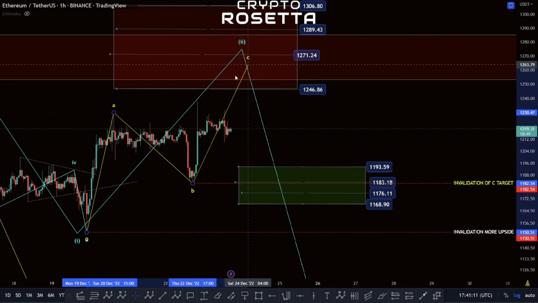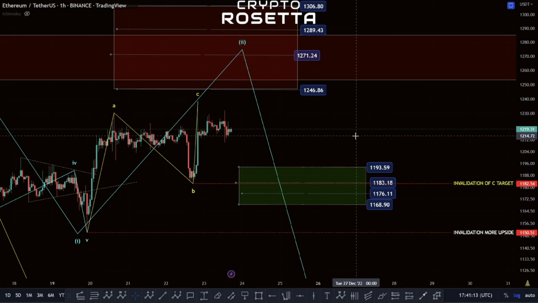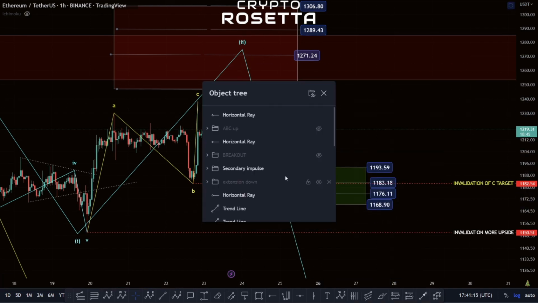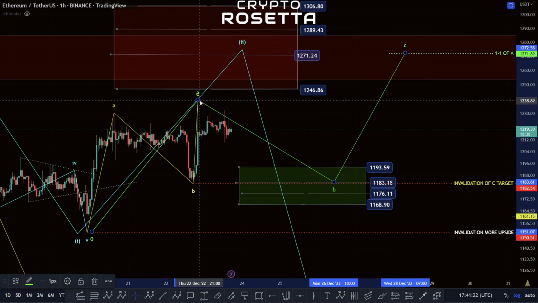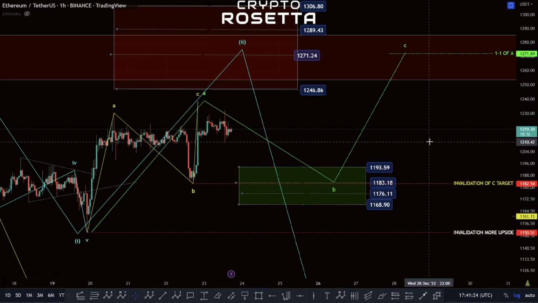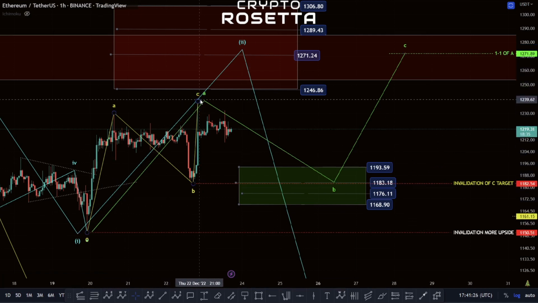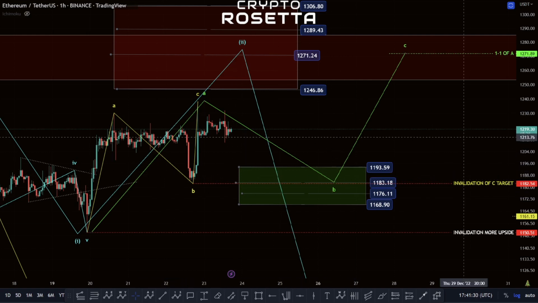We could have technically completed this move here, and if I just quickly come on here, if we have completed this move here with this yellow ABC, effectively what we could have is this green A wave completed, and this would be looking for the fact that we're going to look to break down deeper.